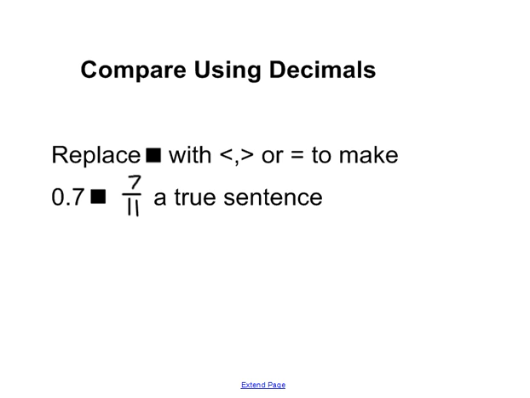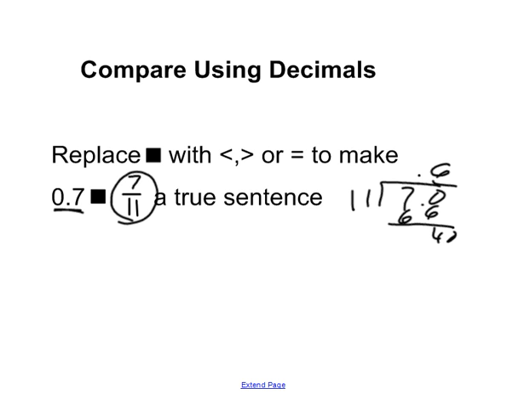Another way to do problems like this is to change them both into decimals. We'll compare them using decimals. Well, of course, the 0.7 is already in decimal form. Let me change the 7/11 into decimal form by taking 11 into 7. 11 would go in there 6 times, or 0.6. That would be 66. 4. 11 will go into 40 3 times.